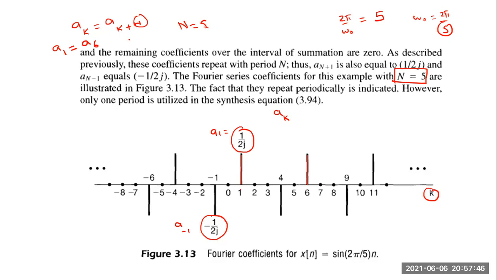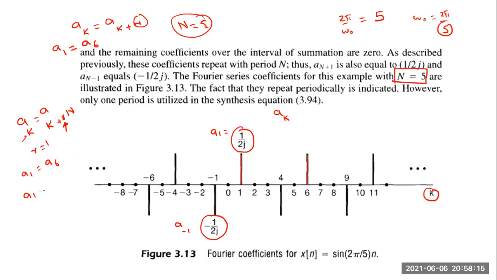So you can see that the general expression, if I further elaborate it, is that ak can also be equal to ak plus r times N. In the first case, I consider r equal to 1. So for r equal to 1 and k equal to 1, you end up with a1 equal to a1 plus 5, so it's a6.